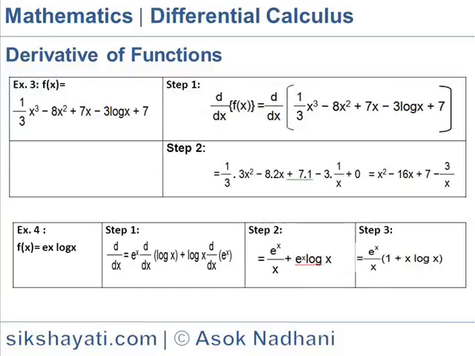Example 3. f(x) is equal to 1 by 3 x cubed minus 8x square plus 7x minus 3 log x plus 7.